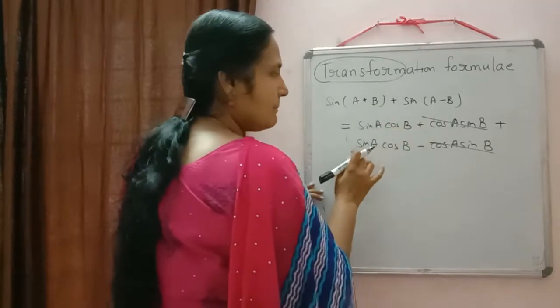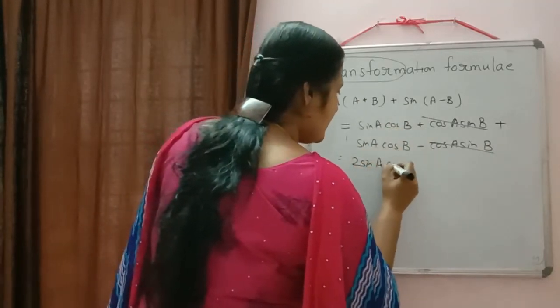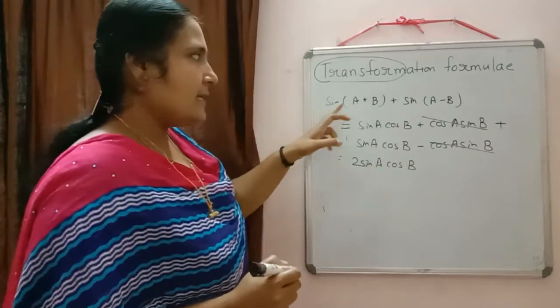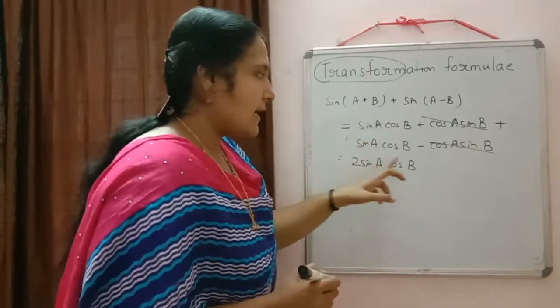Sin A cos B plus sin A cos B is equal to 2 sin A cos B. So we got the first formula: sin(A+B) plus sin(A-B) is equal to 2 sin A cos B.